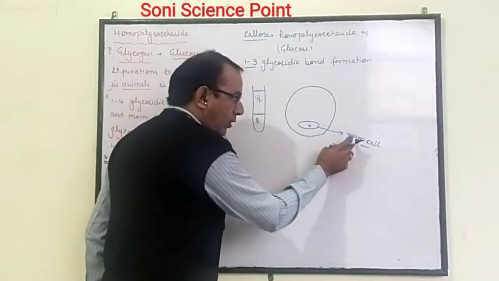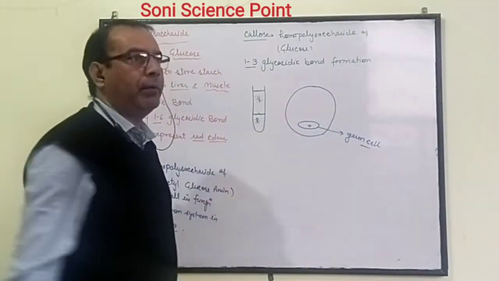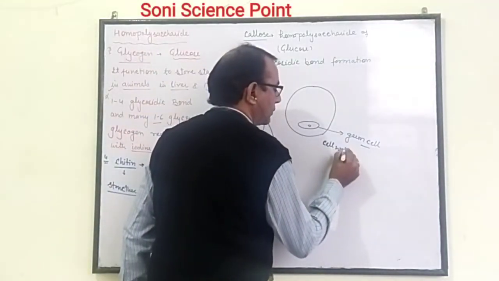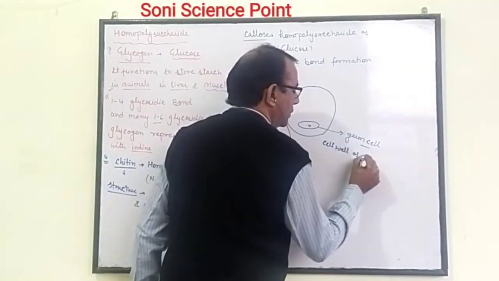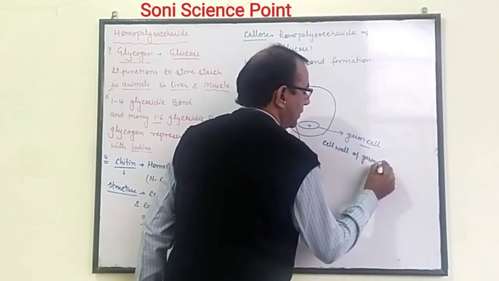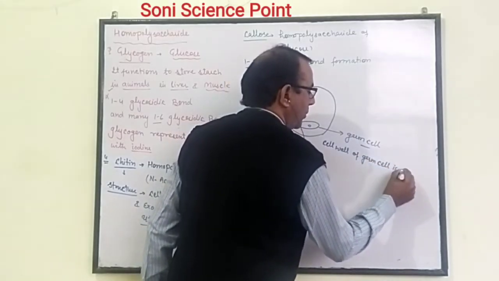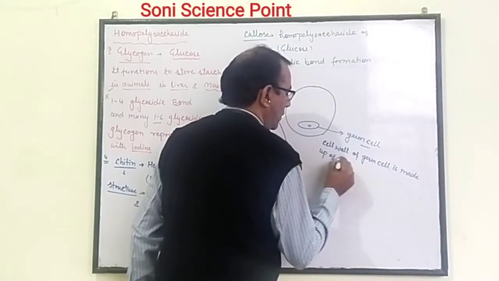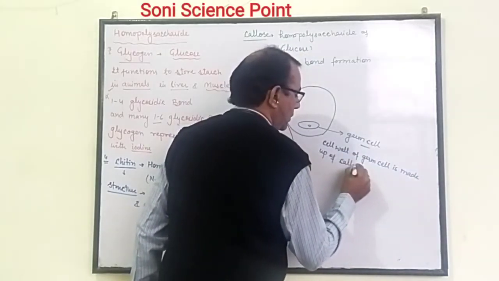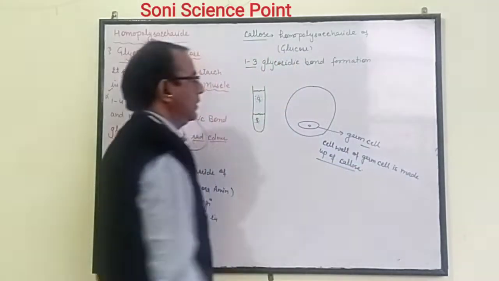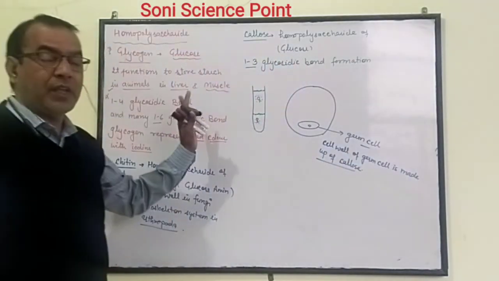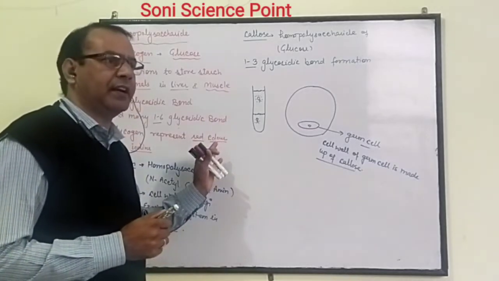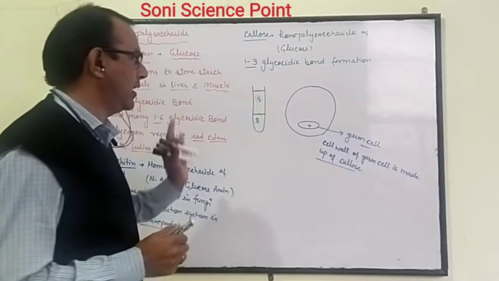The cell wall of the germ cell or germinative cell is also made up of callose. These are some important homopolysaccharides. There are some other homopolysaccharides, inulin, agar, and many more.